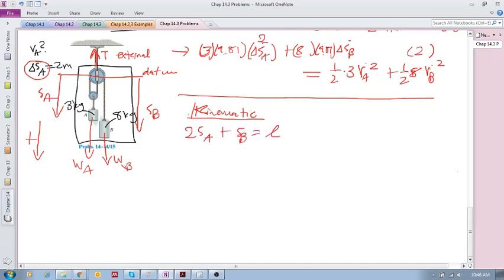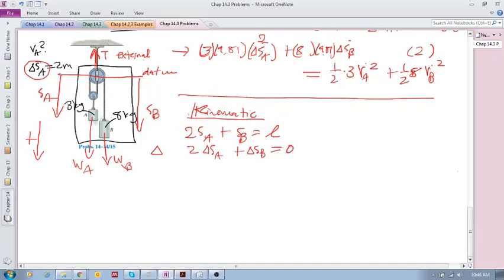But this is just referring to our position. If we perturb it, if we take a delta, the change in our position, then we're going to have 2 times delta SA plus delta SB is 0.